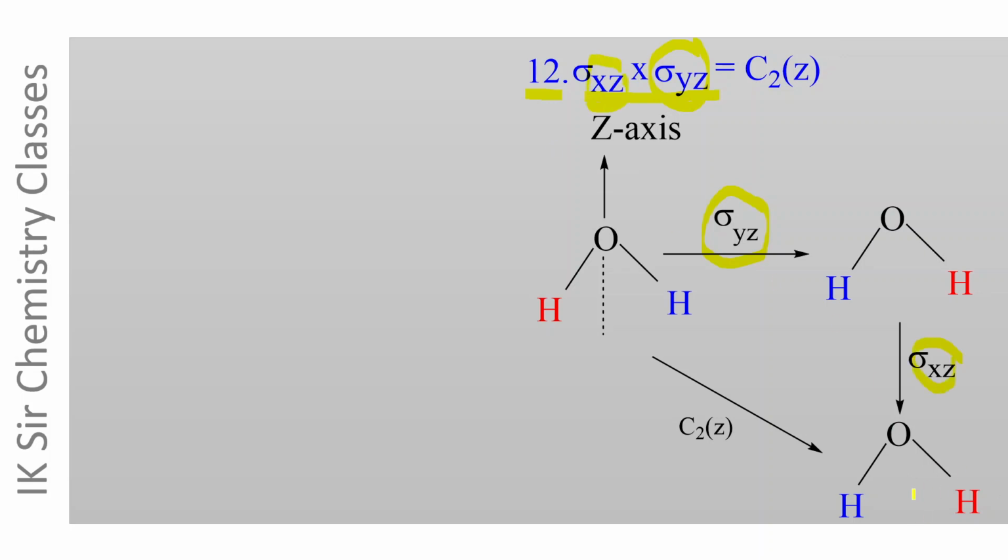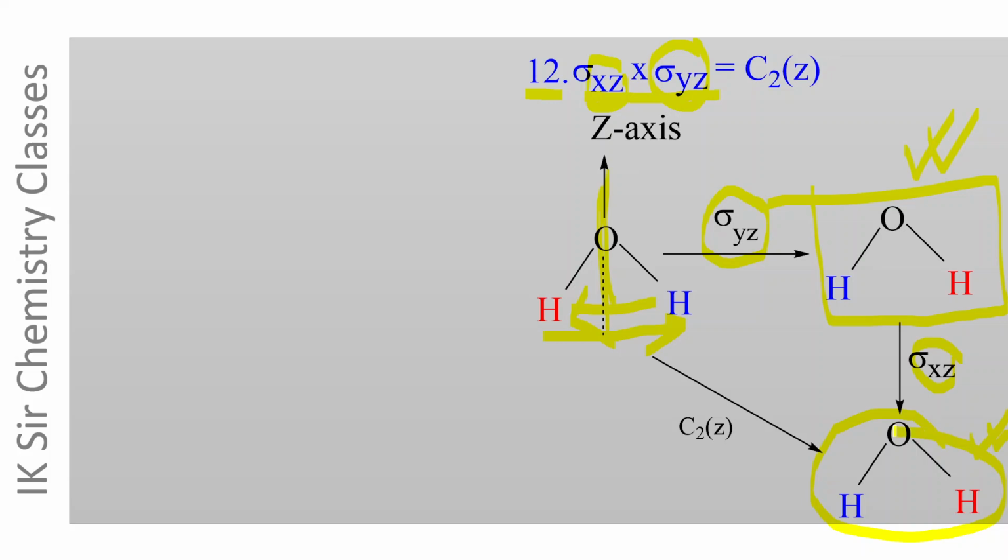If the H2O molecule is reflected through the molecular plane, no change in orientation will take place, and then if it is reflected through the yz plane, a new orientation is obtained, with its image formed here.